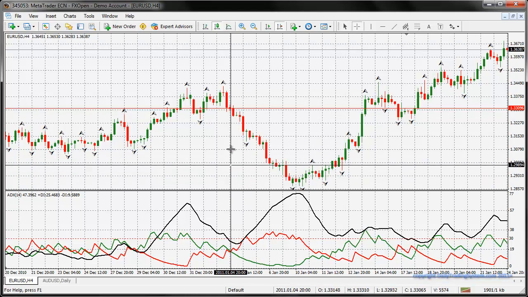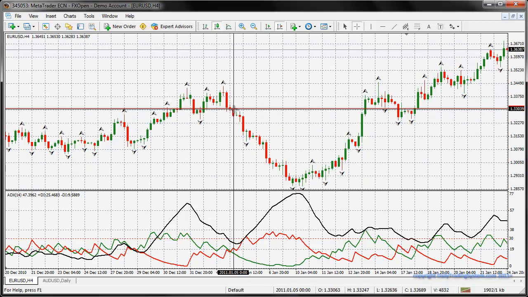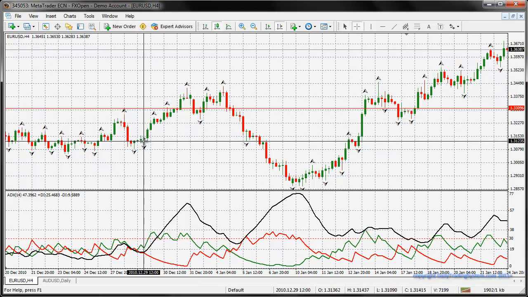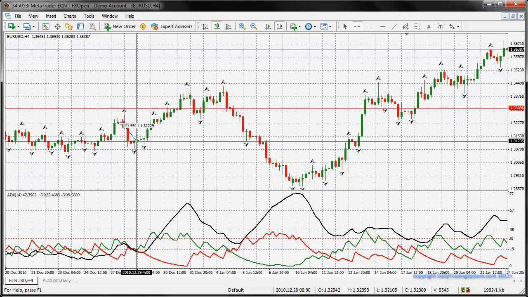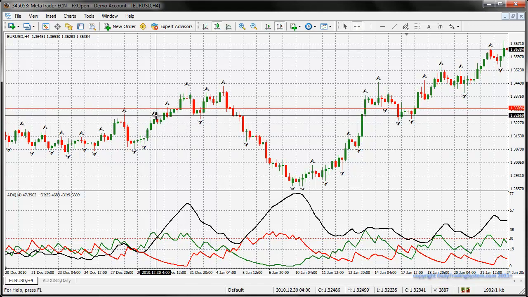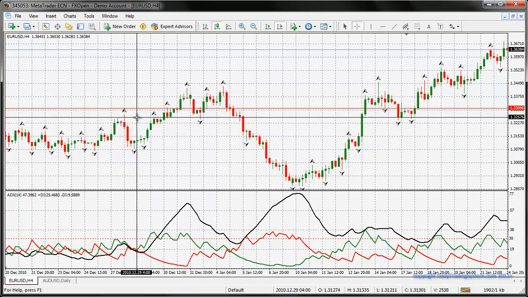Let's just keep going. I'm looking for 2 down, fractal. Okay, that's too far away. 1, 2, 3. And that break point, it breaks from that point.